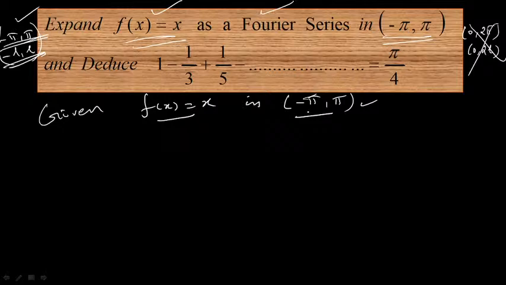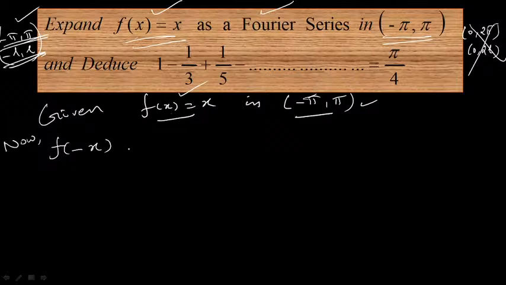Whenever you see the interval is from minus pi comma pi, immediately you can verify whether the given function is odd or even. Based on that, we have separate formulas for finding the Fourier series representation of the given function. To find out whether the given function is odd or even, just replace x by minus x in the given function.